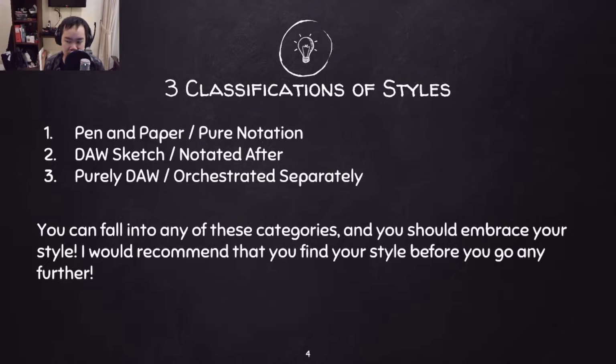So take everything with, of course, a pinch of salt. Don't think that this is the law or anything. This is simply the way I like to think about it and the way I personally classify all these styles. And like I said, some of you might think that there are no styles. That's perfectly fine. I want to just share my perspective, and hopefully this helps some of you figure out how you would like to compose. So the 3 styles that I personally identify in composition, one is called pen and paper.